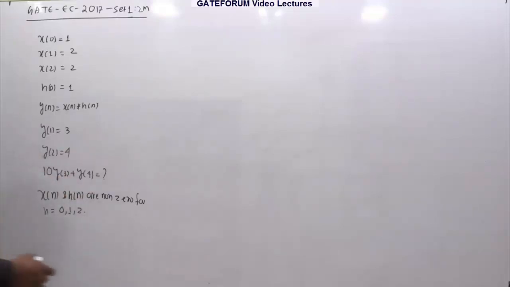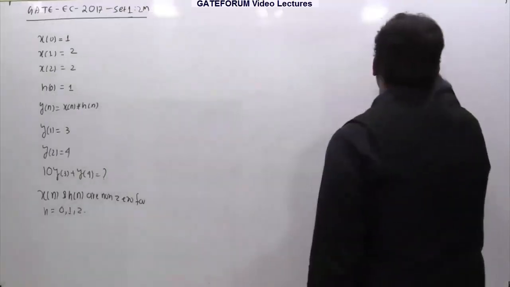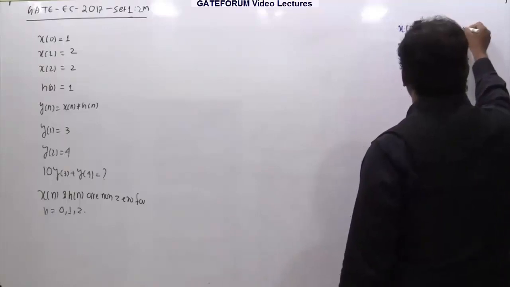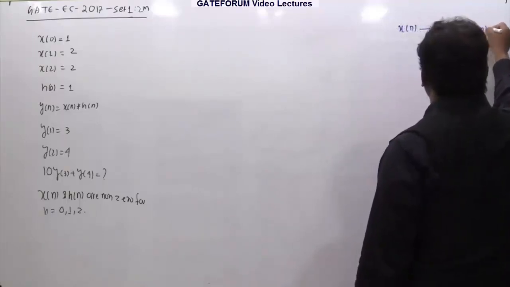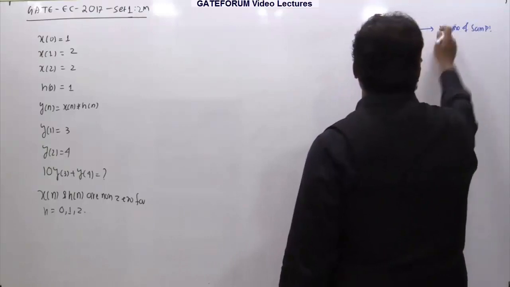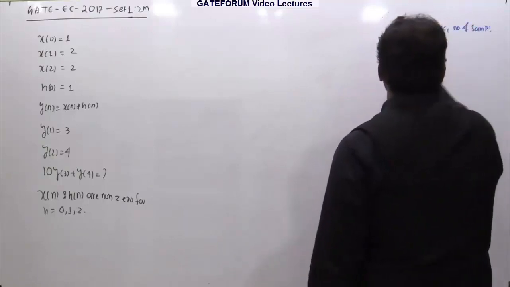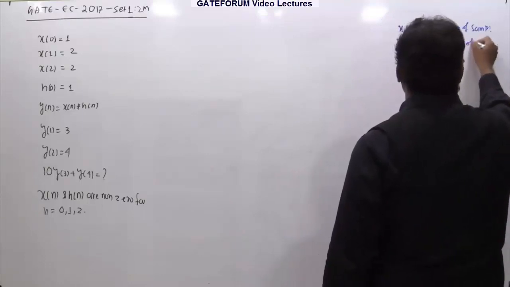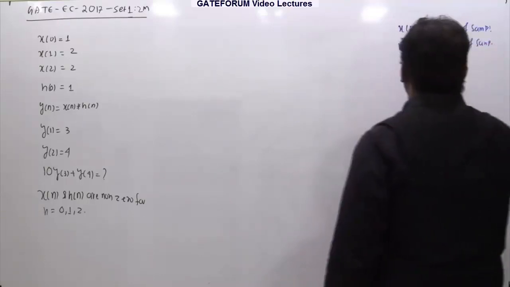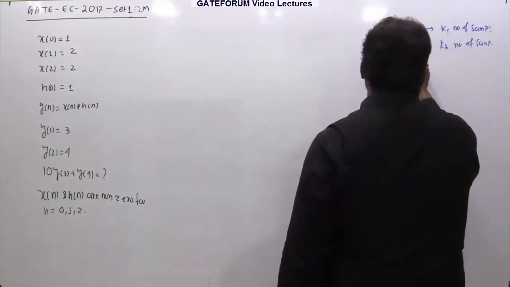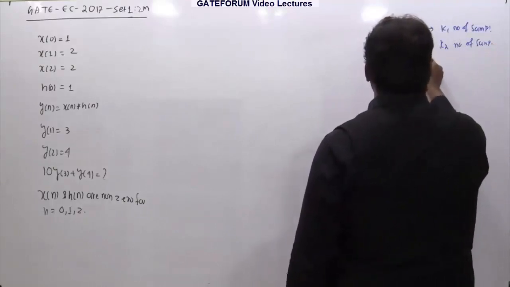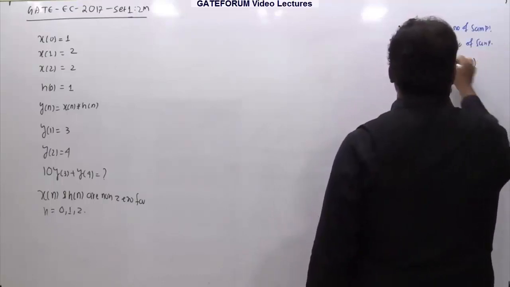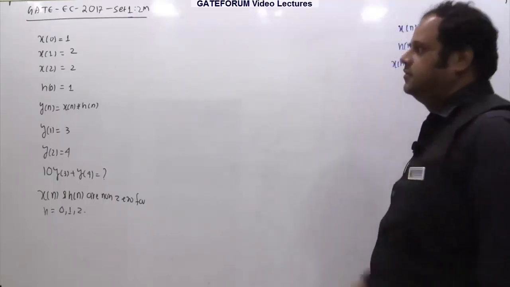So here the fact that you should know is, suppose x of n has k1 number of samples, and h of n has k2 number of samples, then x of n convolution with h of n will have k1 plus k2 minus 1 number of samples.